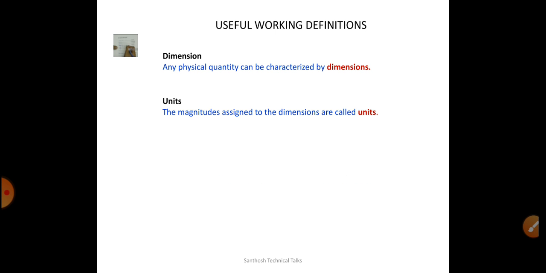In the same case, the quantity of rice bag is a mass, and the unit of mass is kilogram. If we want to know it in terms of Newton, we directly multiply the kg with the acceleration due to gravity, 9.81, and we directly get Newton. So the magnitude assigned to the dimension is called units.